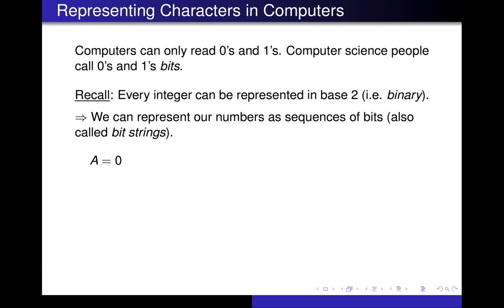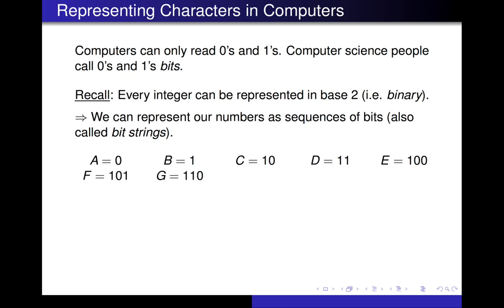So, for instance, we might encrypt with our 0 to 25 as A would be 0, B would be 1, C would be 1, 0 because that's 2. D would be 1, 1 because that's the number 3. Then we go to E, which has to be 1, 0, 0 because we need another place value.